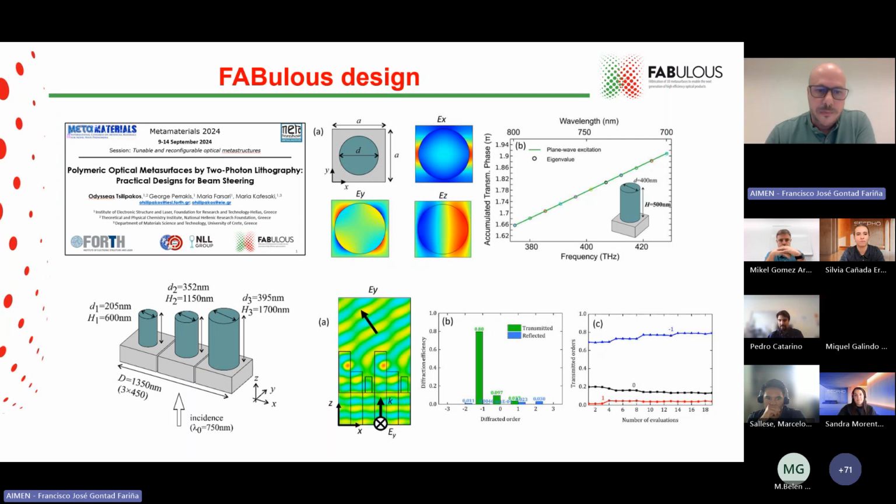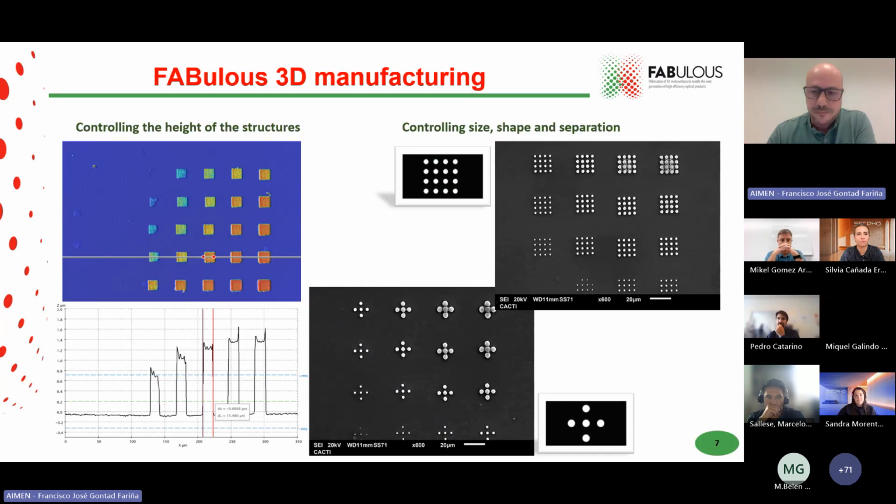So once we have defined how the meta-atoms are designed and structured along the surface, we have to work as well on the manufacturing of these meta-atoms. The idea is to do it in a parallel way.